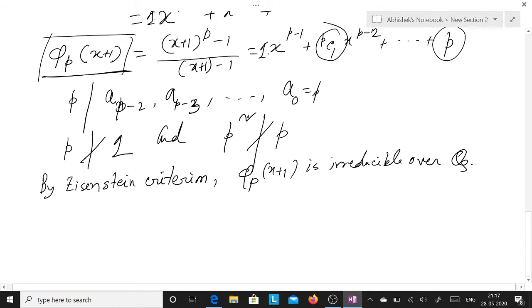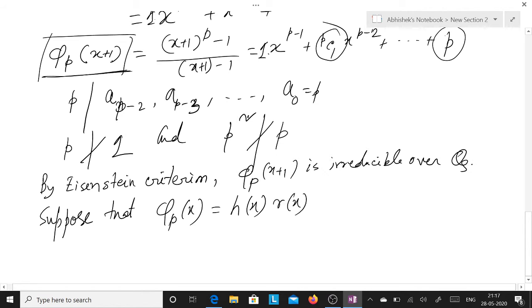Now let us suppose that the polynomial that you have chosen, phi p of x, is reducible, that it can be factored into two polynomials h(x) and r(x), where h(x) and r(x) are both non-zero, non-constant polynomials in Z[x].